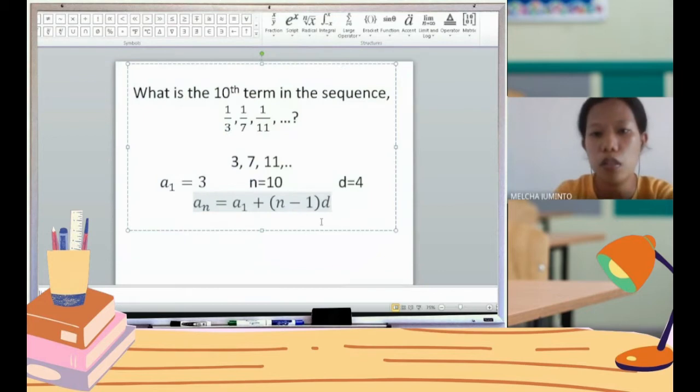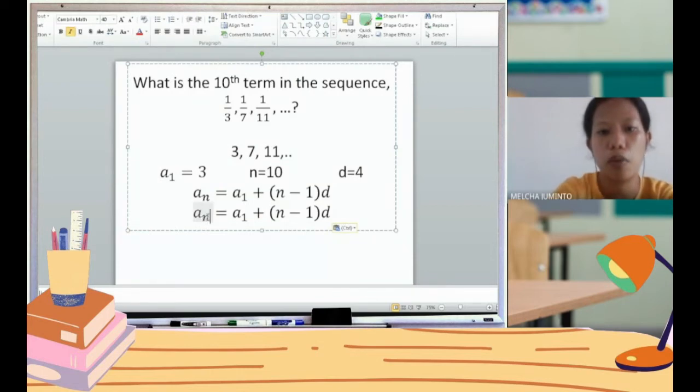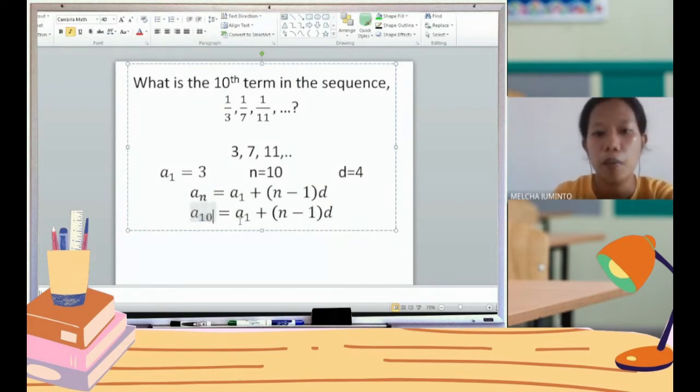We apply this formula in order to find the value of the 10th term. So we are looking for the 10th term. We know that the first term is 3. We know that there are 10 terms, and 1 is constant. We also know that the common difference is 4.